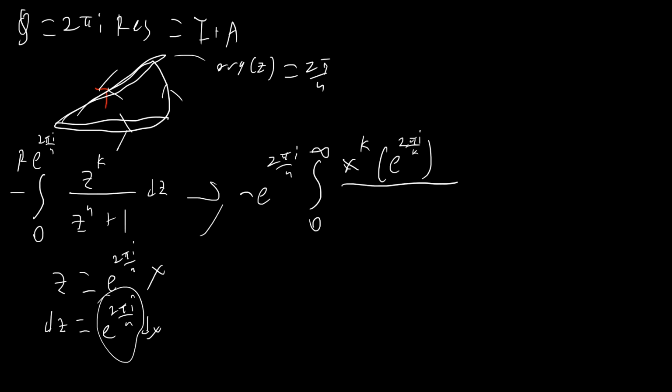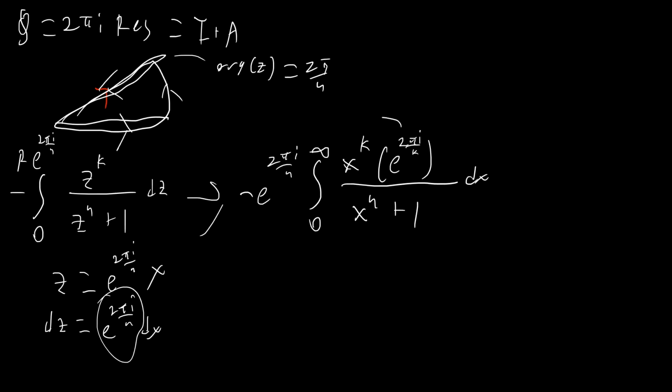All over z to the n plus 1. But z to the n is equal to x to the n times e to the 2 pi i n, and the n's are going to cancel, and we're just going to end up with e to the 2 pi i, which is 1. So this is just going to be x to the n plus 1 dx.